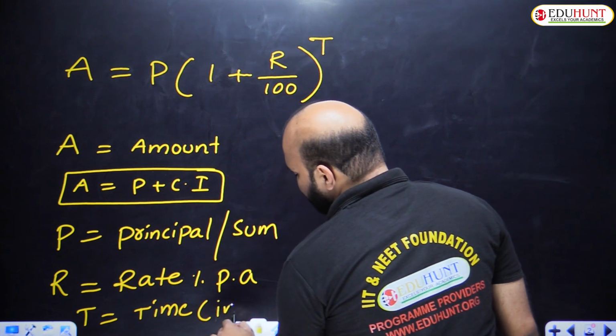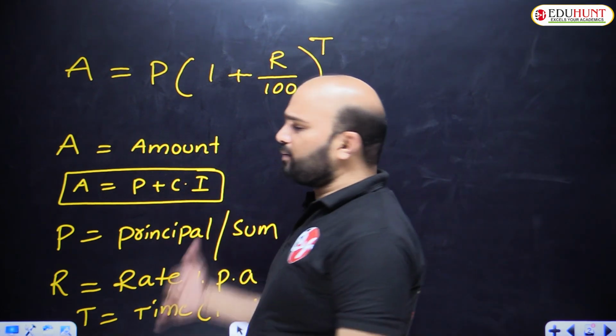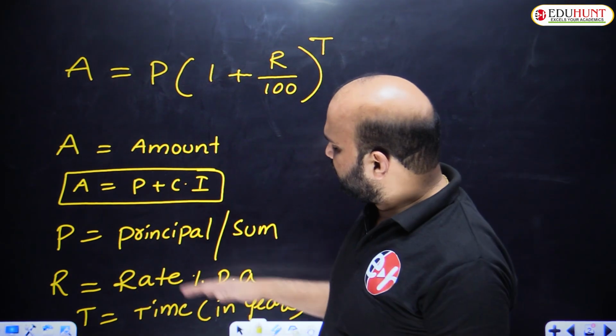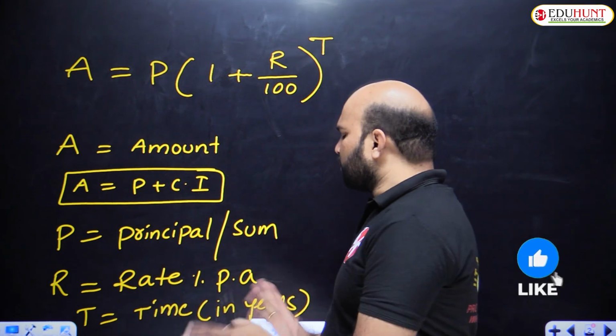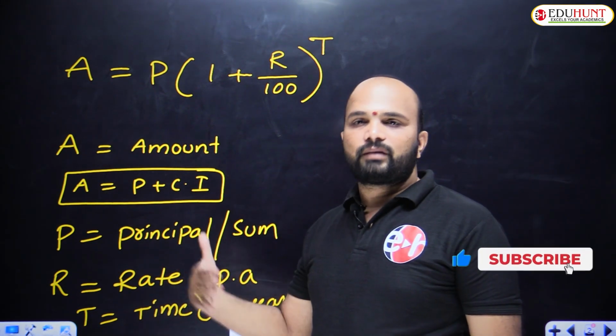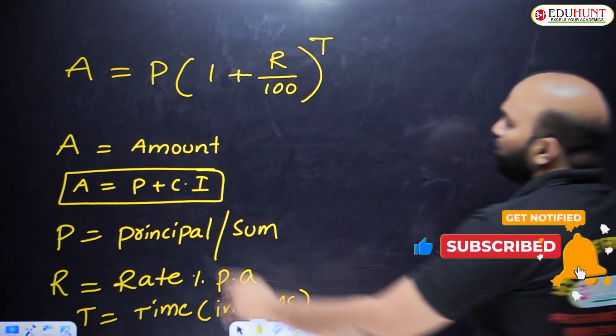Time is always calculated in years, in simple interest as well as compound interest. But sometimes it is given as compounded semi-annually or compounded quarterly. If such conditions are mentioned, the time will change based on the given conditions. This is the compound interest amount formula.